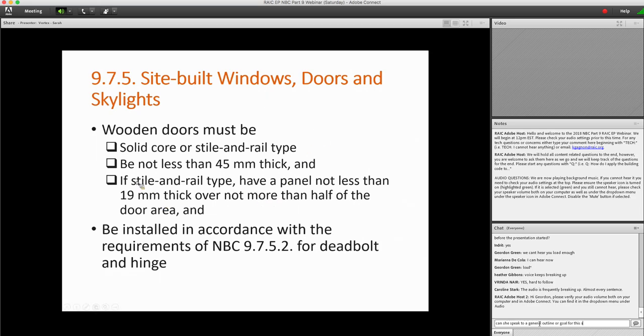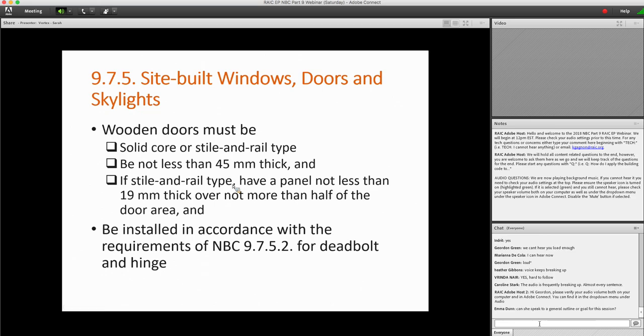When it is the stile and rail type, they must have a panel not less than 19 millimeters thick over at least half of the door area. Sorry, not less than 19 over not more than half. And for security purposes, they must be installed in conformance with NBC 9752 for deadbolt and hinge requirements.